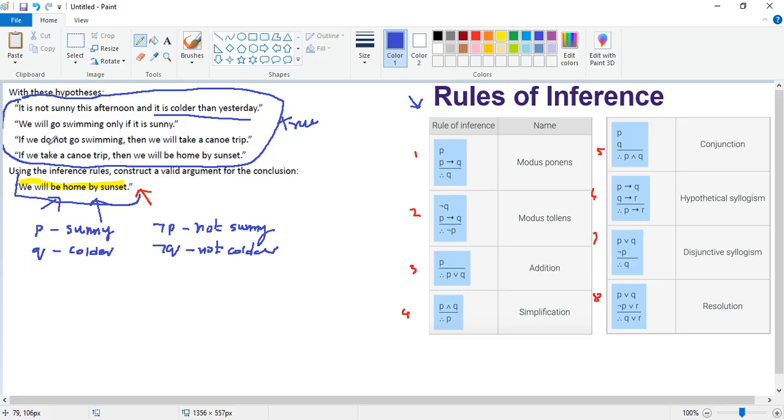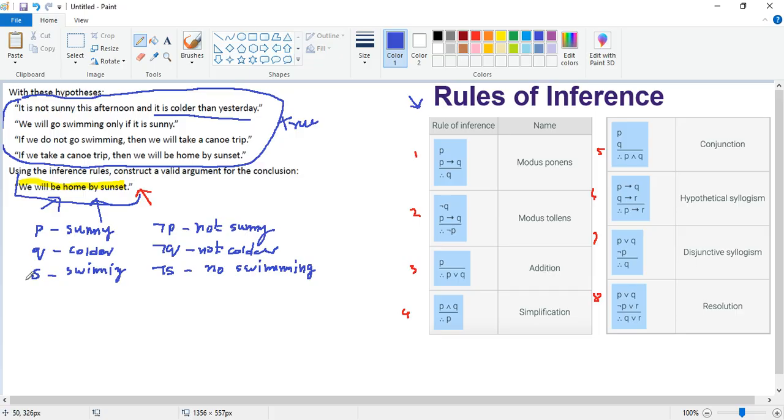Then if we go for swimming, we can represent S as we go for swimming, right? And not S will be we will not go for swimming. I'm just writing it as no swimming. For exams, you have to write the full sentences and not just how I'm writing here. I'm just doing that to save time.